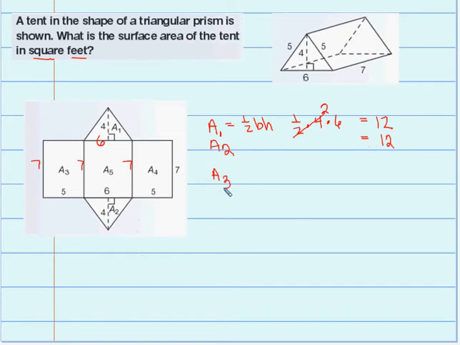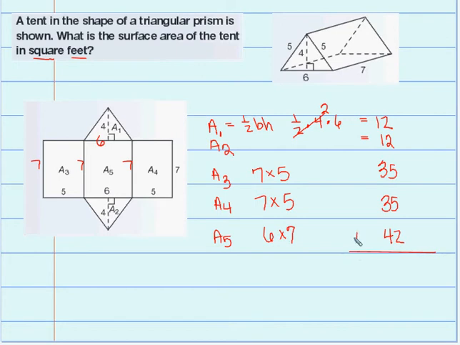The area 3 is a rectangle that is 7 by 5. So the area there is 35. Now notice that A4 is congruent to A3, so it's there again 7 by 5, which is 35. And A5 is going to be 6 by 7, which is 42.